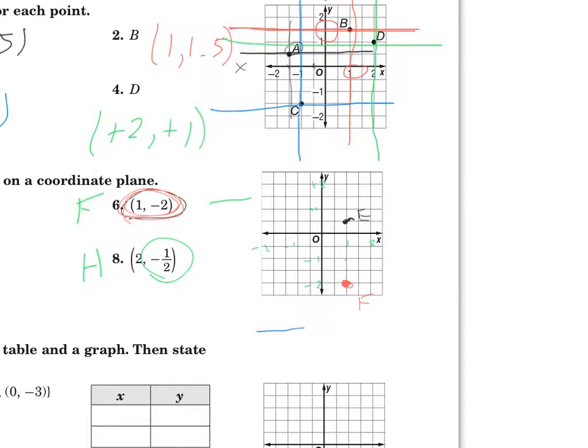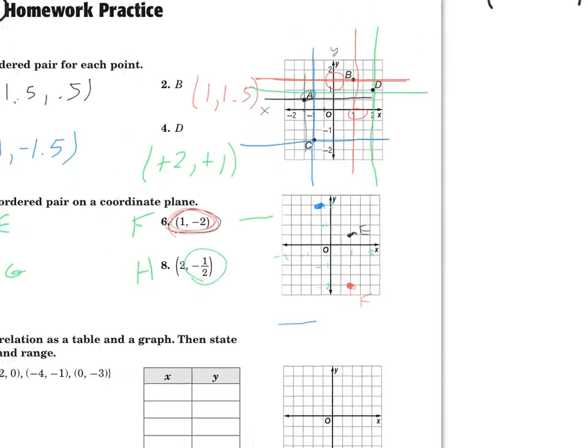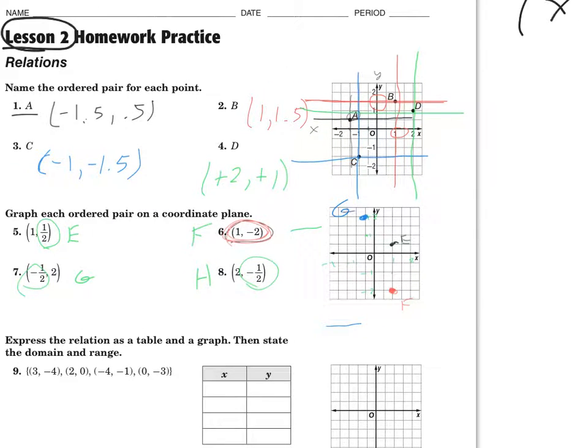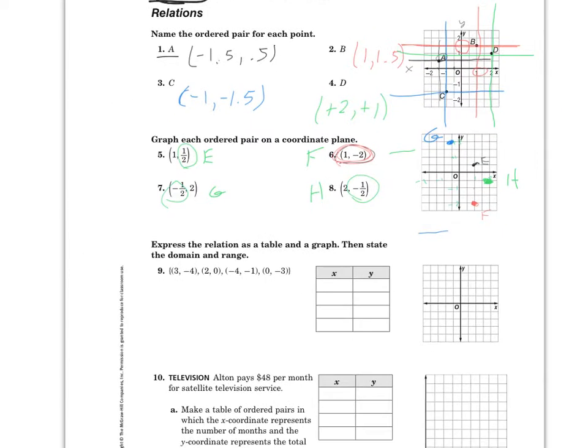Well, negative 1/2, positive 2 is up here, right there. And that is G. And then to plot H, we want to plot positive 2, negative 1/2, which is right in here. H. And that's how you plot points on the graph.